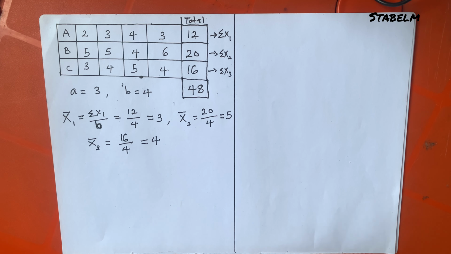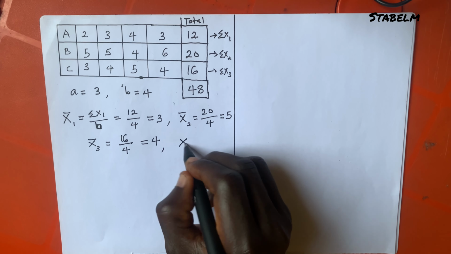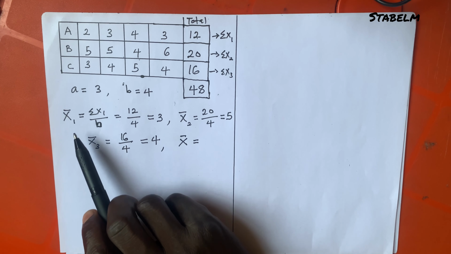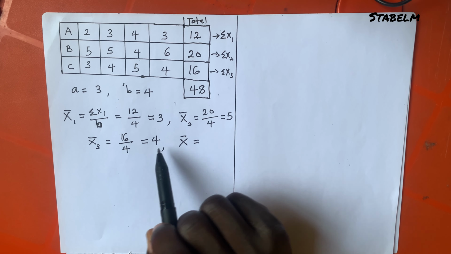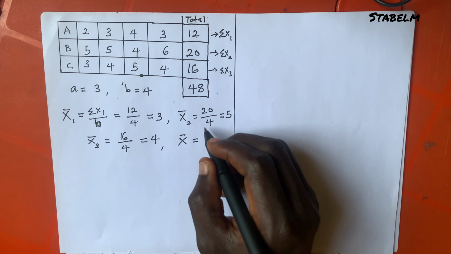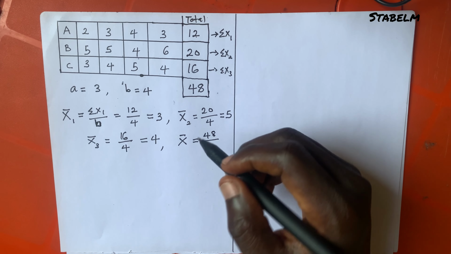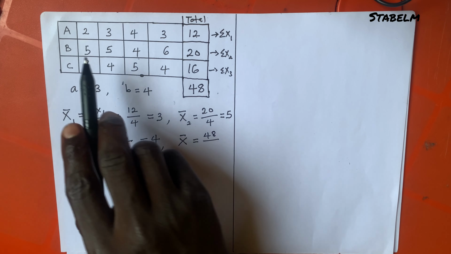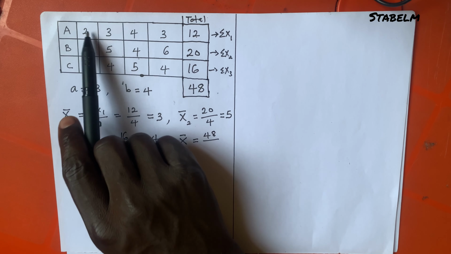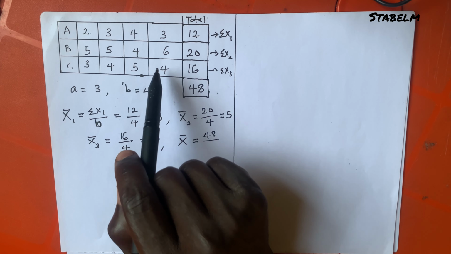Now the grand mean x bar, without any subscript 1, 2, 3 to indicate it, is the grand total, 48, divided by the total number of observations.